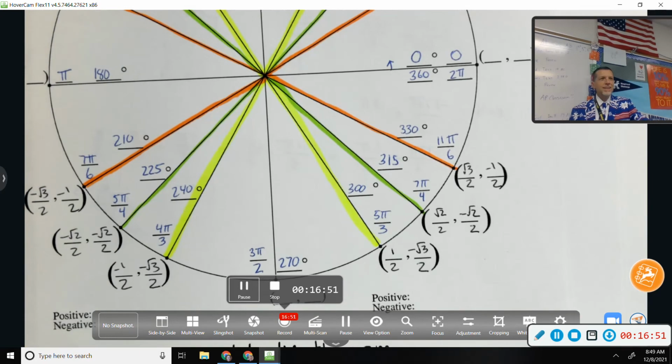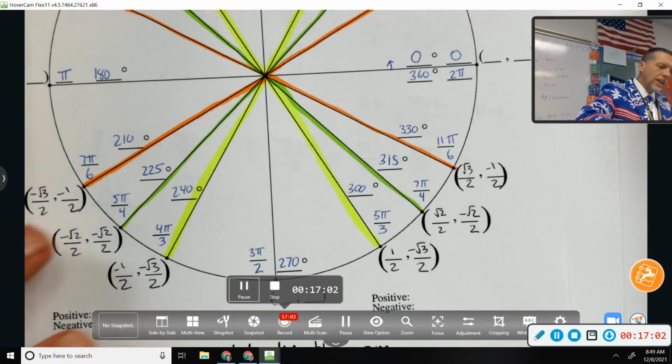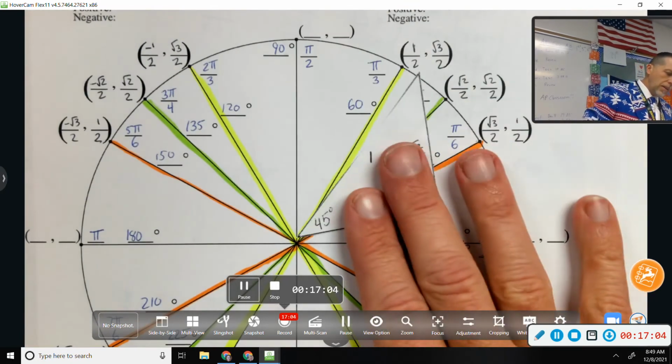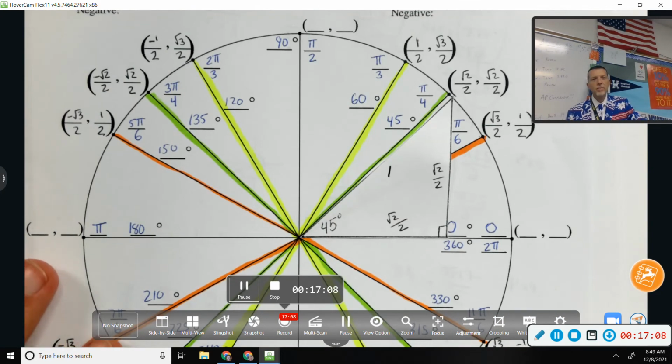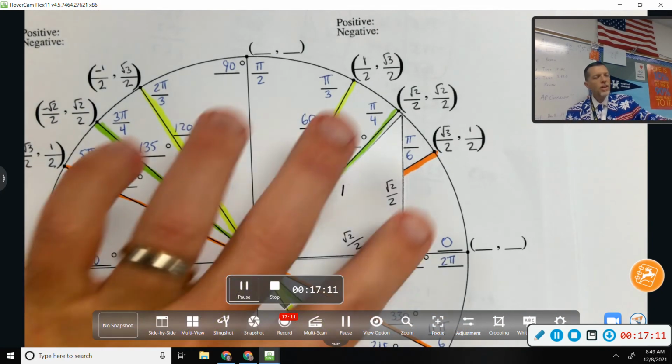And there's really only 3 values you have to know, right? There's 1/2, root 2 over 2, and root 3 over 2. And remembering which one goes where is usually not that bad, because if it's the middle angle, they're both root 2 over 2. That's the easy one. The one people get confused is the other two.